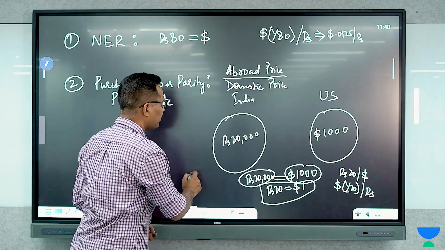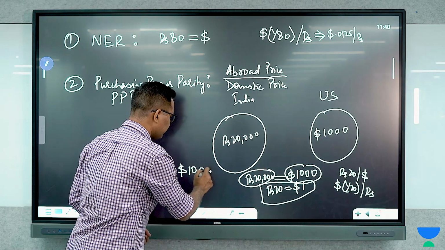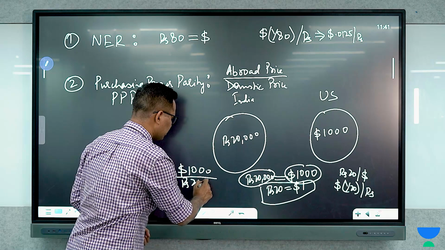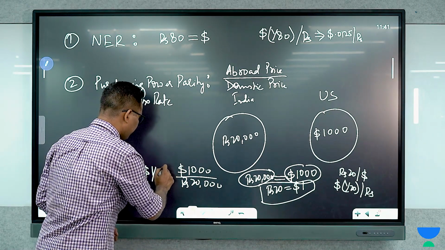So what we have done, price of the basket in US, $1,000, divided by price of the basket in India, rupees 20,000. So this has come $1/20 per rupees.